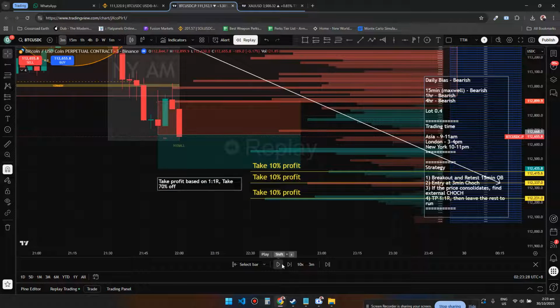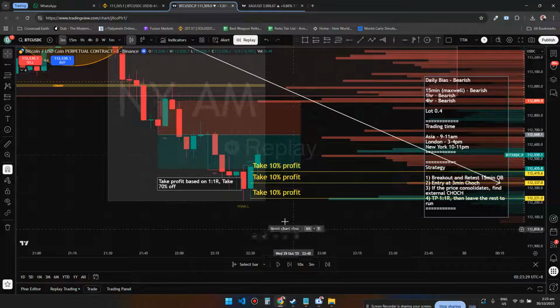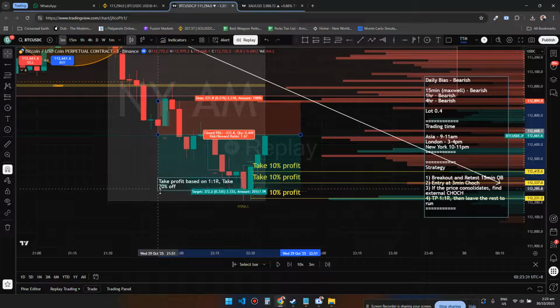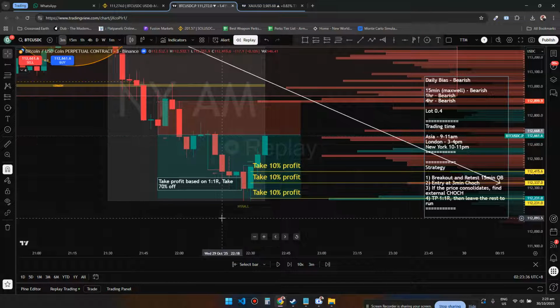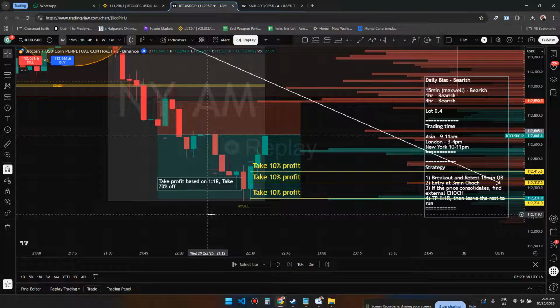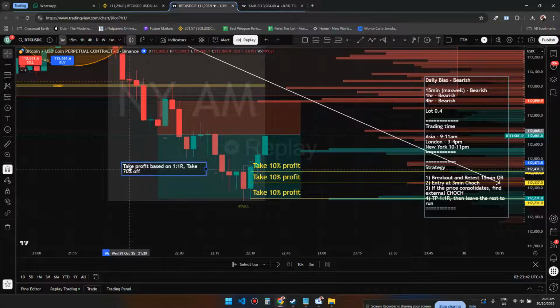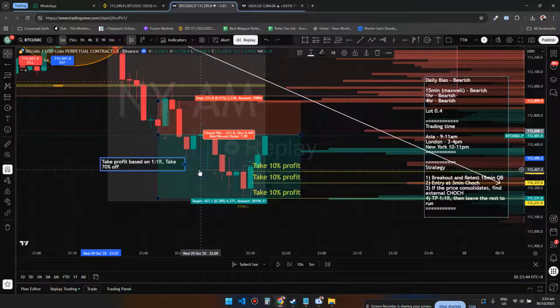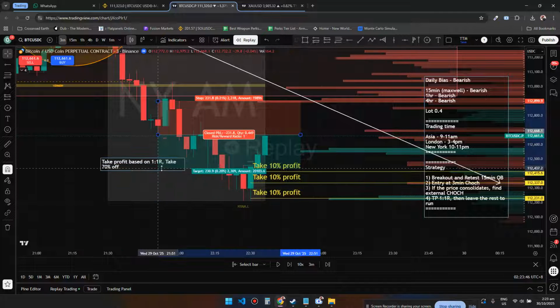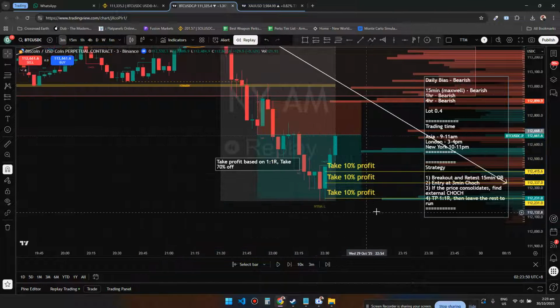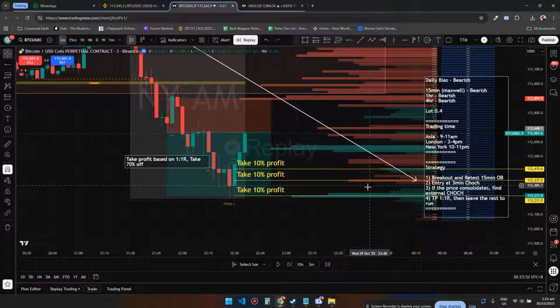So let's see what price does. You can see it took out most of the position. I secured 70% at this area and then another 30% when it reached this point of interest.